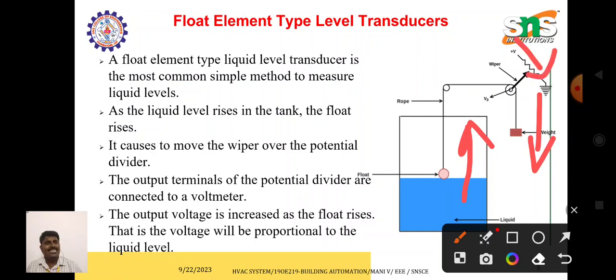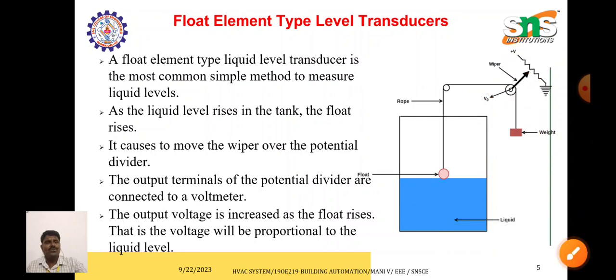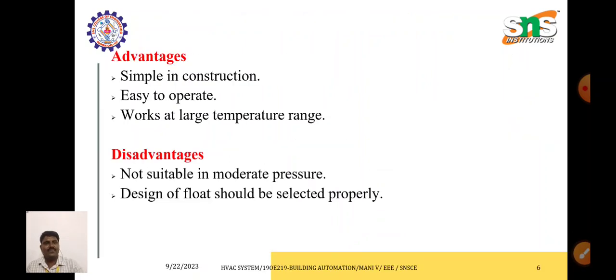So the resistance of the wiper changes, and once the resistance changes, the voltage across the wiper also changes. According to the voltage, we can measure the level of the water.